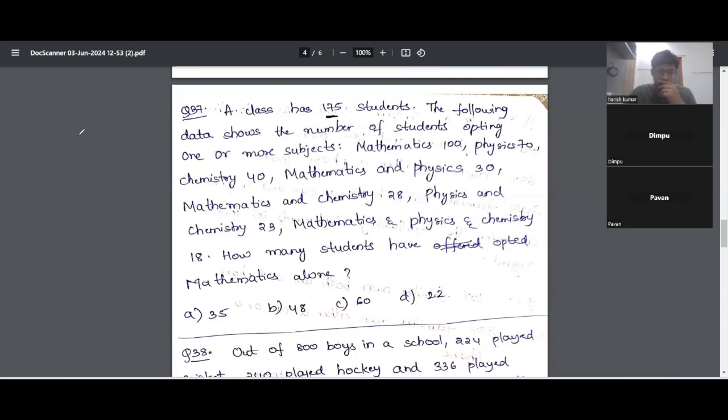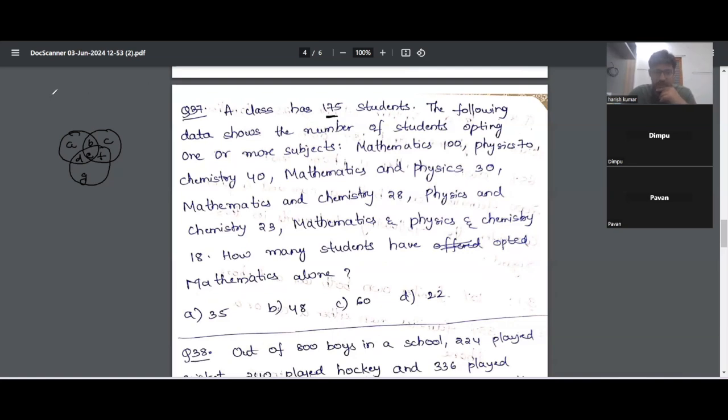Let's draw Venn diagrams like this. Let's name each part A, B, C, D, E, F, G. A class has 175 students, so total students is 175.